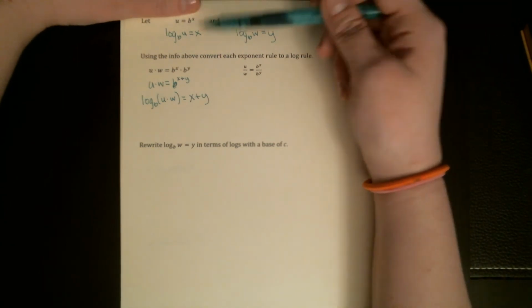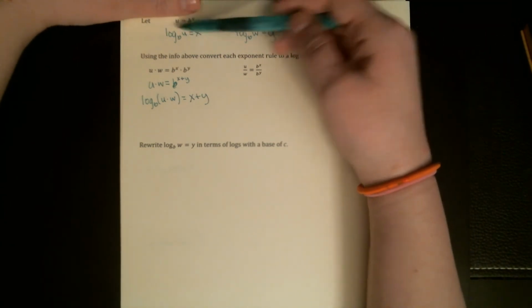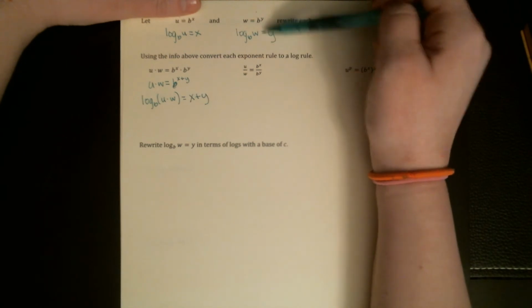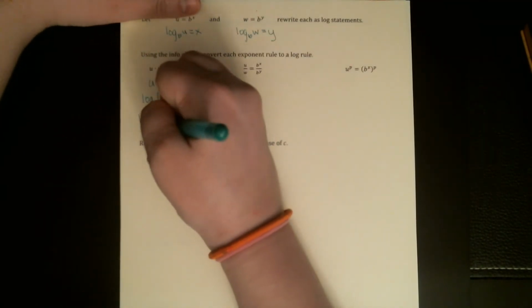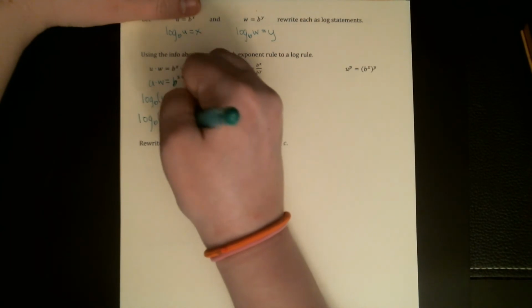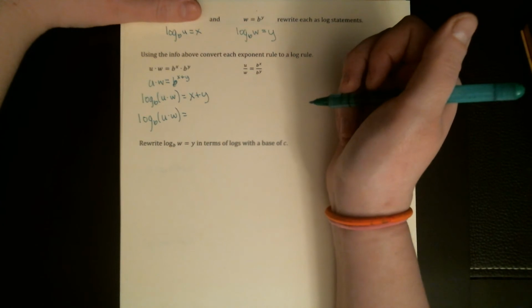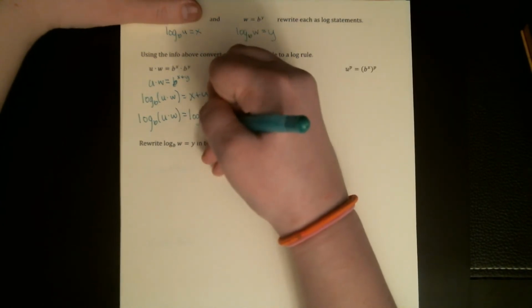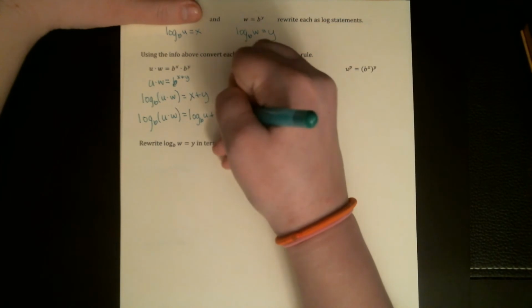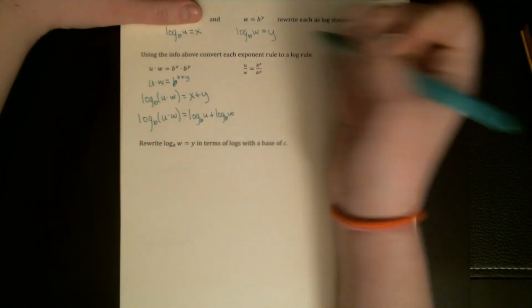Up above we found that x was actually a log base b of u, and y was log base b of w. So the log property that goes with adding exponents is that the log base b of u times w is the same as the log base b of u plus the log base b of w.